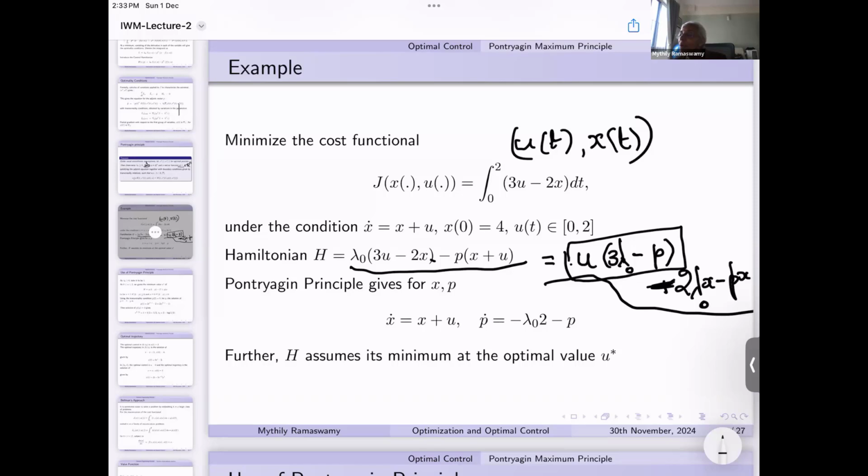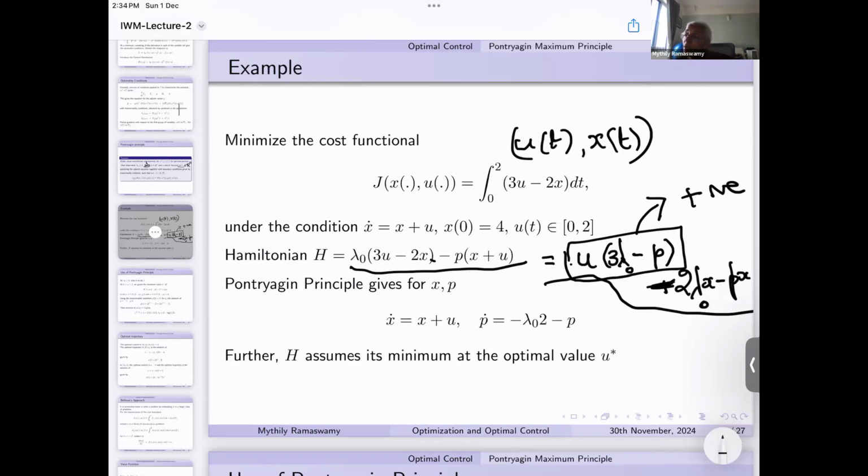Now, if 3 lambda naught minus p is, let us say, positive, then you can argue that the minimum value will be attained if I choose u to be... what should I choose u? u has values in 0 to 2. If the coefficient is positive and I choose u to be 2, it will be very large.